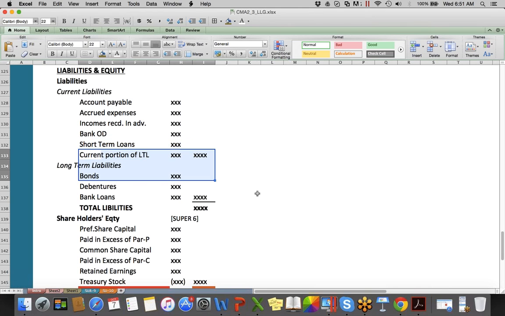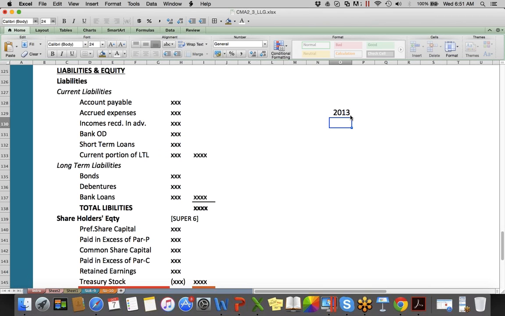And also the current portion of long-term loan will come under current liability, which means, say for example, in 2013 you took a loan of say 10 million, in 5 yearly installments of 2 million.